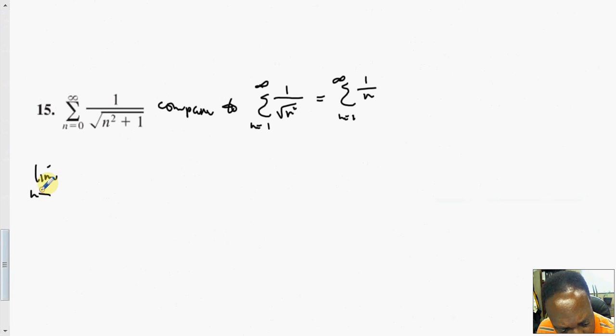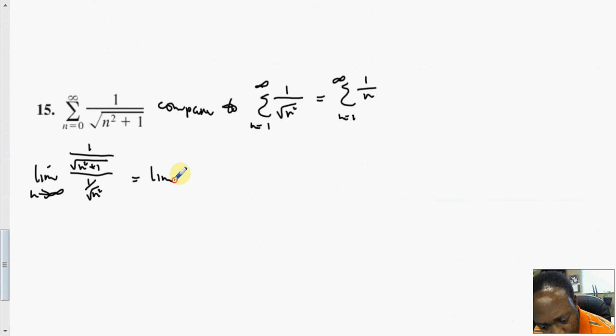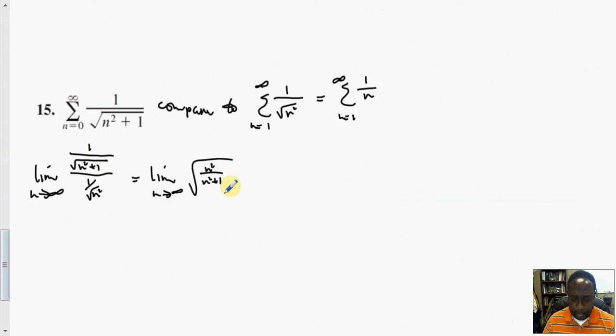Now the limit as n goes to infinity of 1 over the square root of n squared plus 1 all over 1 over the square root of n squared, which is 1 over n. So this is the limit as n goes to infinity of the square root of n squared all over n squared plus 1.